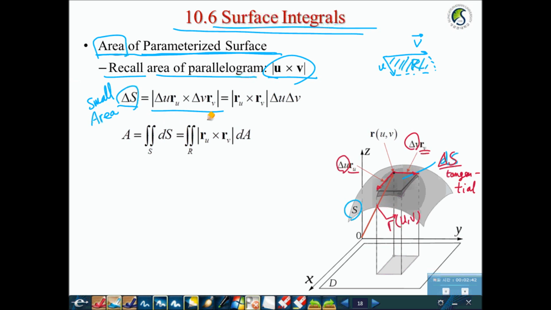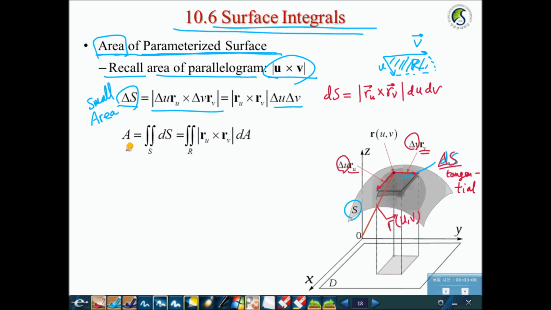You can take the scalars out of the cross product, and so dS is r u cross r v du dv.